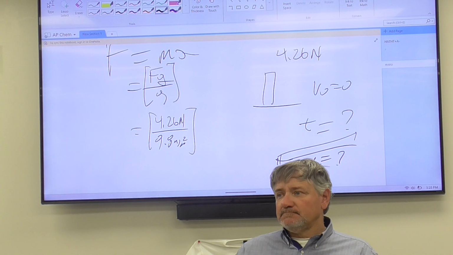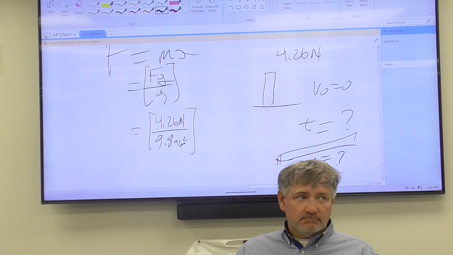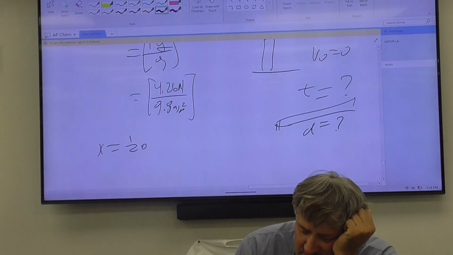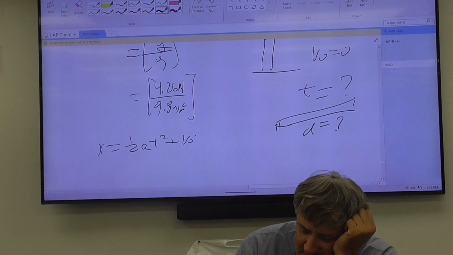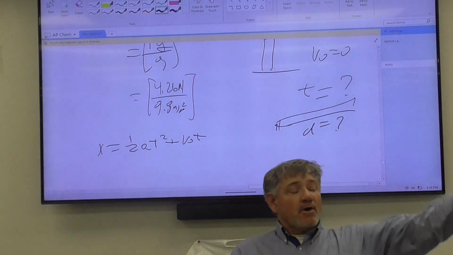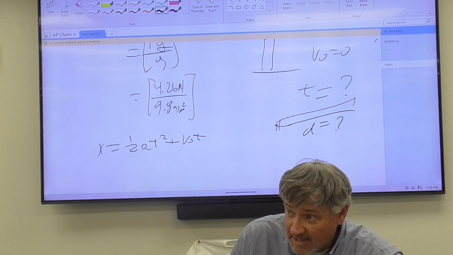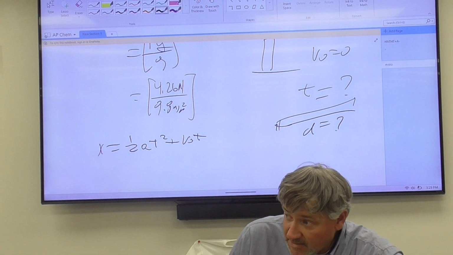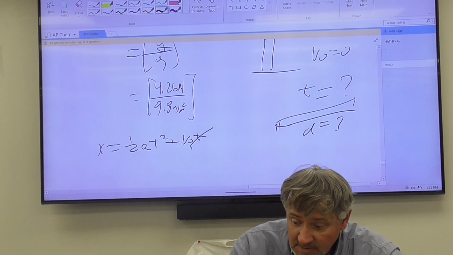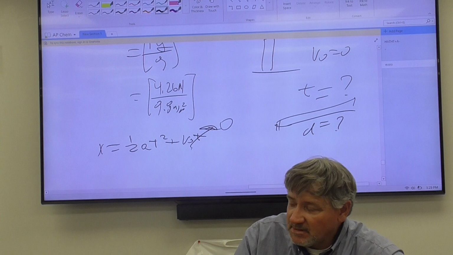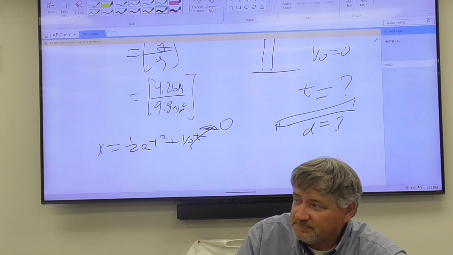x equals 1/2 a t squared plus v naught t. So Thatcher says 1/2 a t squared plus v naught t. We're clever, and want to let the cart start from rest. This is what you all did yesterday in the lab. V naught's going to equal zero, so this goes away. I need that equation solved for acceleration.